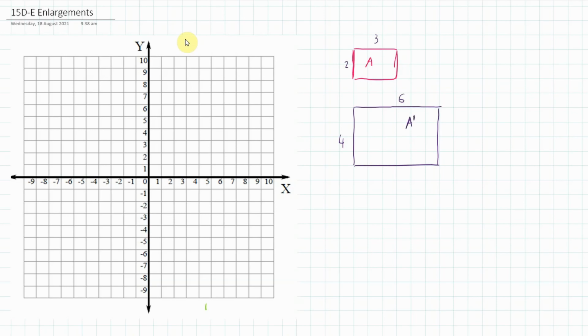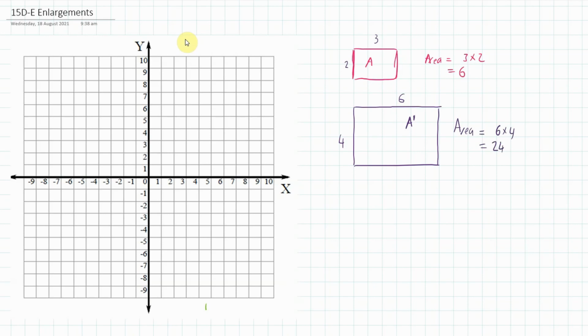Now, we have to find the area. So in the first example here, area is equal to 3 times 2, which is equal to 6 units squared. But in the second one, the area is now equal to 6 times 4, which is equal to 24.